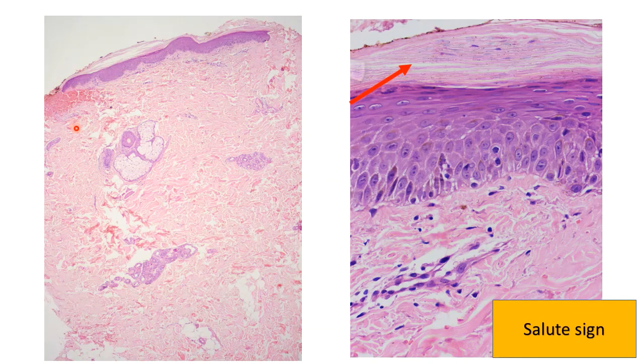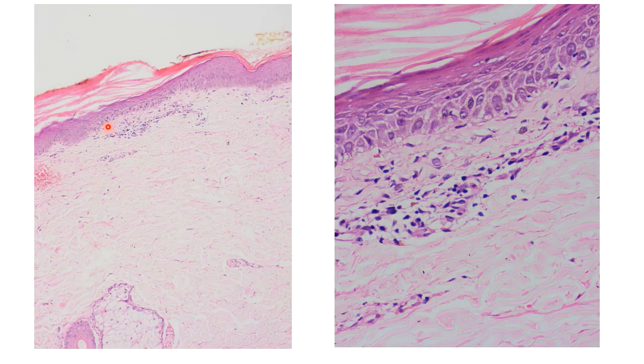Here we can see the superficial perivascular inflammation, and on higher magnification we can see the mounds of parakeratosis and moderate acanthosis with mild perivascular lymphocytic infiltration.